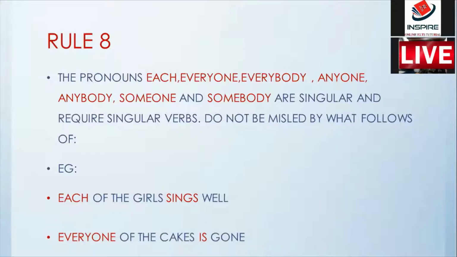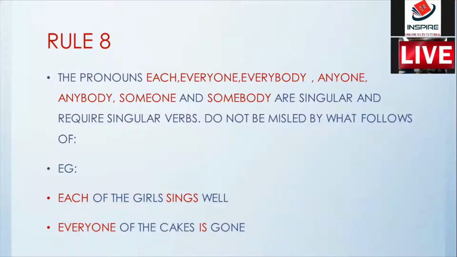Another, every one of the cakes is gone. You can see cakes is plural, right? So we might write it as are: every one of the cakes are gone. No, we need to write it as is, because everyone is a singular subject. Is it clear?